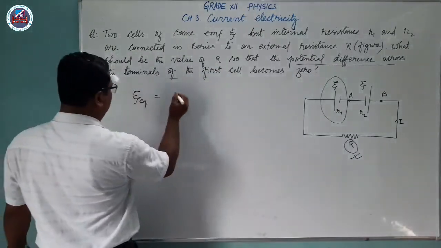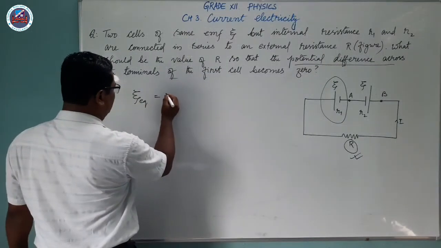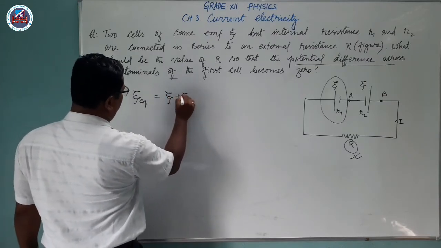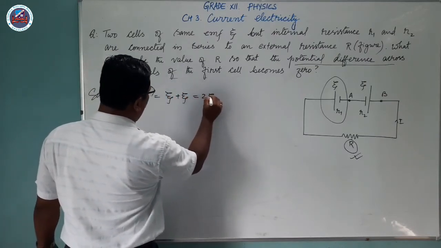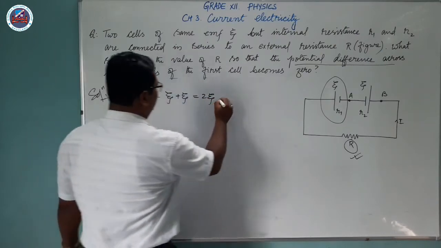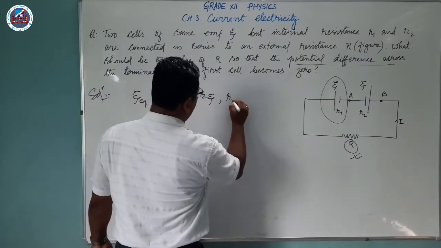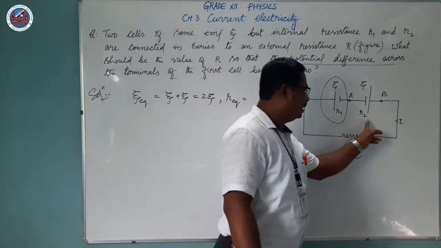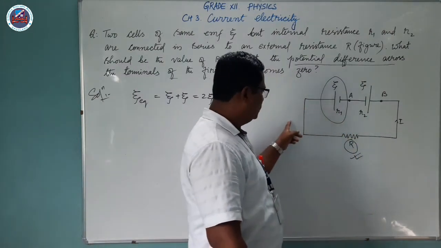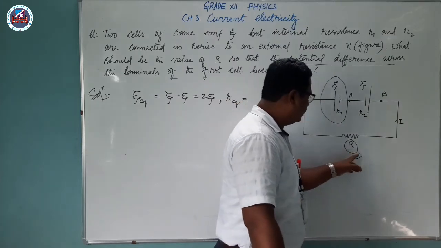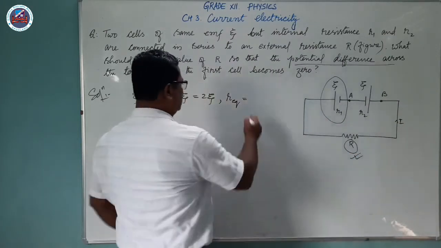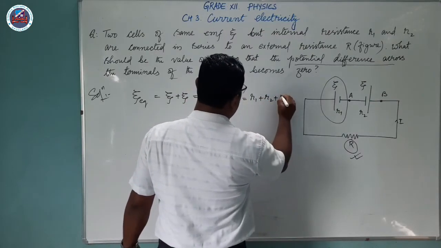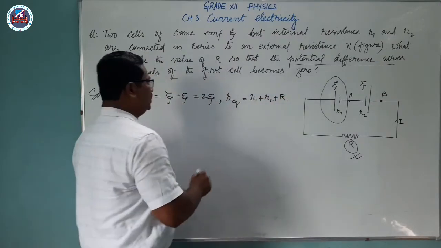For the equivalent EMF, when they are connected in series, if they are identical, then we add them up, it will be 2 epsilon. And the equivalent internal resistance is R1 plus R2, but it is connected to this resistance R, so they are all in series. So we'll do R1 plus R2 plus R, the equivalent resistance in the whole circuit.